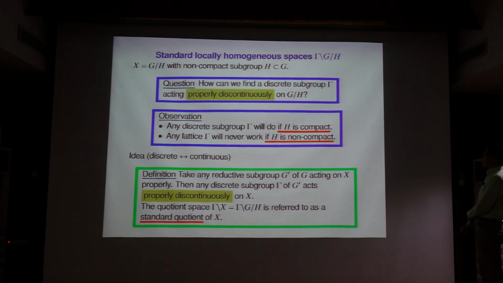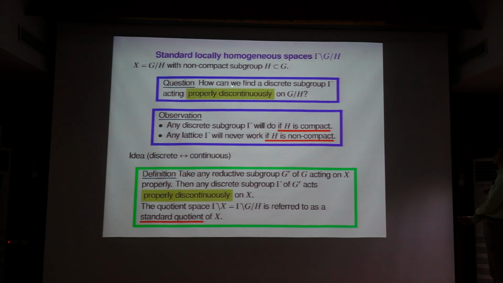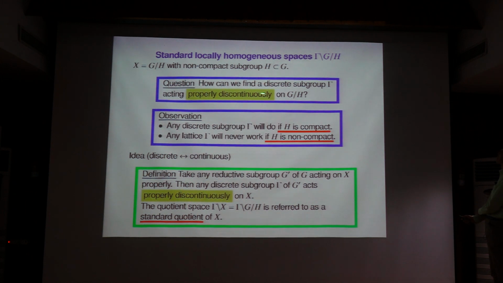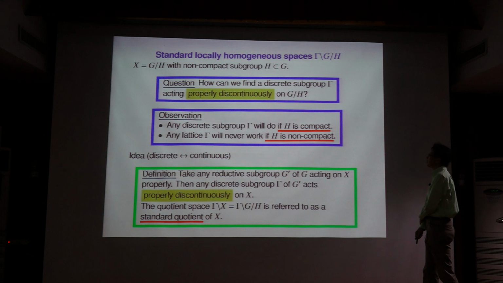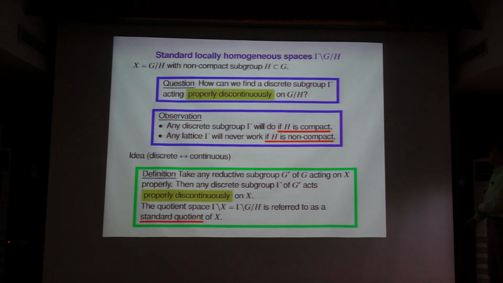And so I will just give the terminology of this. First, the geometric questions. As I mentioned, it's not easy to find such proper discontinuous groups, because if H is compact, any discrete group acts properly discontinuously. But if H is non-compact, then no lattice can act properly discontinuously. So Γ must be somewhat small.